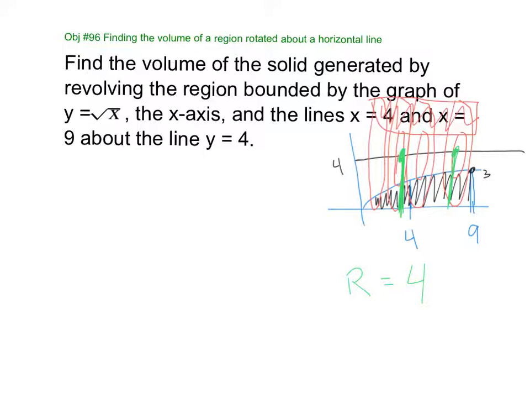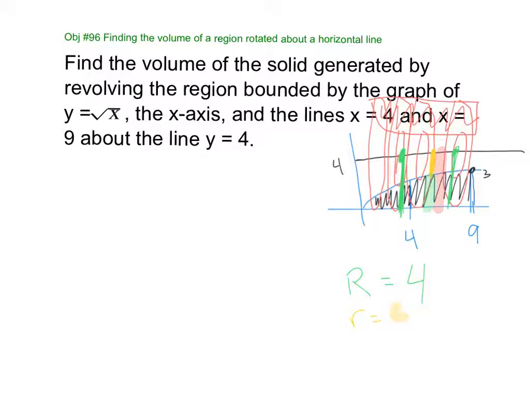Little r, I'll try yellow, is from my axis of rotation to the closer piece. So what is that distance? Well, that distance is, I'm going to try highlighting, this whole thing, the red, minus this green. So it's going to be 4 minus the function.